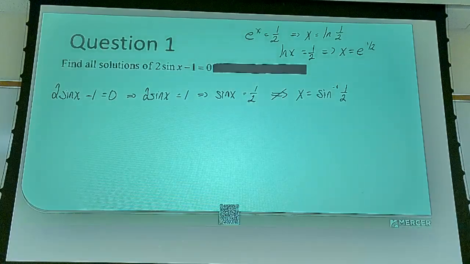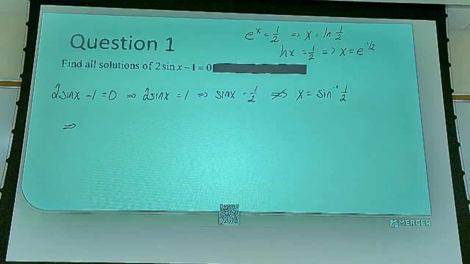What you have to do is look on the unit circle, possibly. Start by looking on the unit circle and asking, okay, what angle has a terminal point whose sine is 1/2? In other words, is sine the x coordinate or the y coordinate?